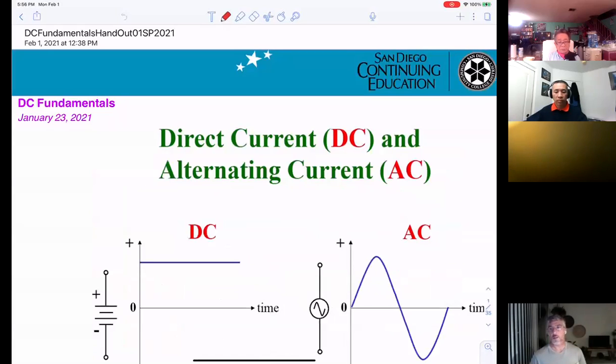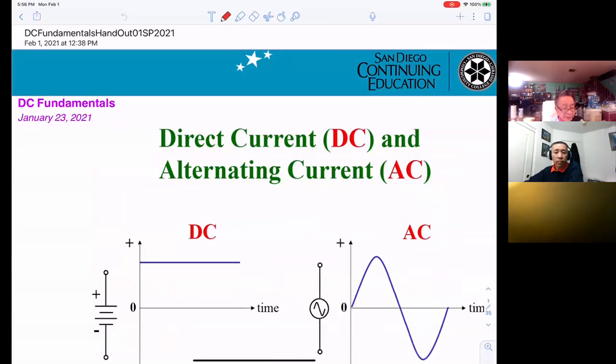Okay, so now we start with DC, direct current, flowing only one direction. Like your car battery, that's DC. And the other one they call AC, alternating current.